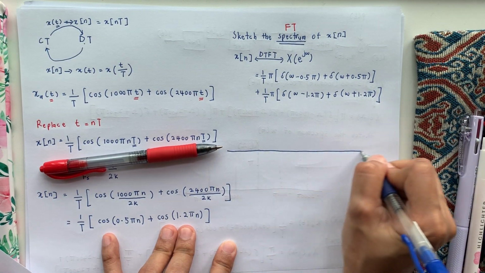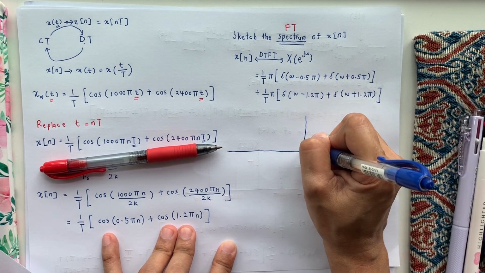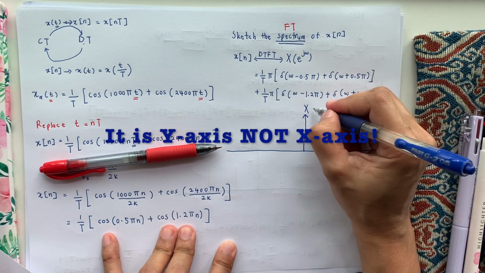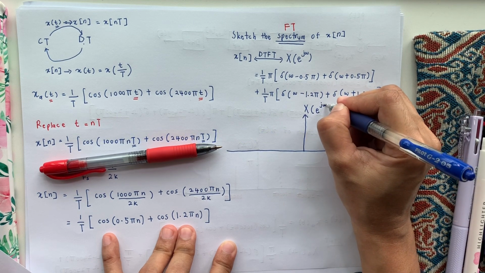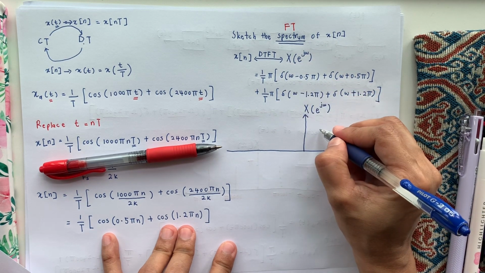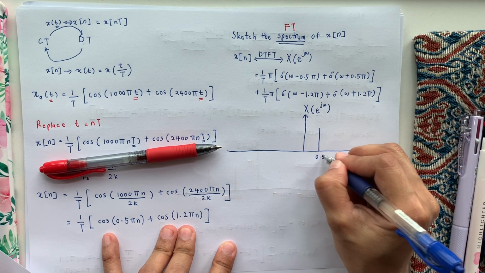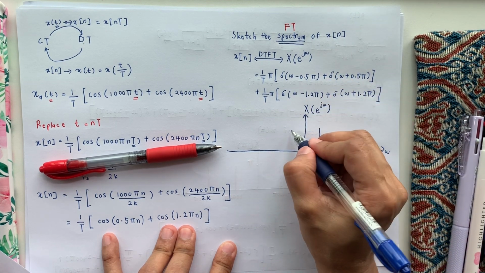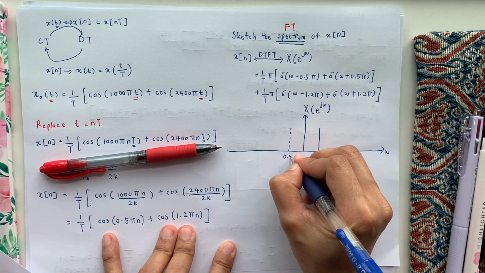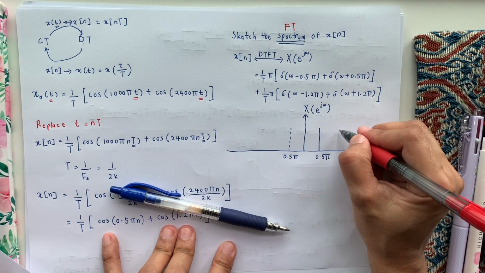Okay, sketch the spectrum means you label your axis with small omega. Your y-axis is X(e^jω). Then we have delta(ω), and this one shifted to the left with 0.5 pi, and then shifted to the right.